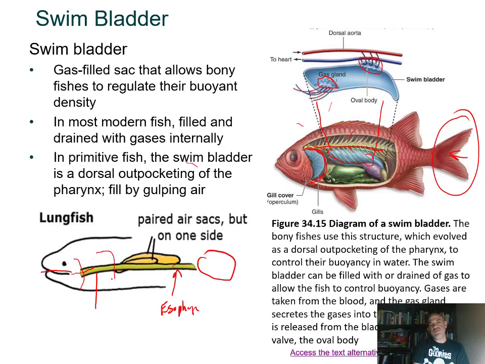And back here, where you normally would have your gills, this is the back of the throat. This region back here is the pharynx. Okay. And so what happens here is that any food you take in goes through here, but if you start to get this outpocketing or pouch start to form or evolve here, then the fish can now take in air and swallow it and fill that sac with air.